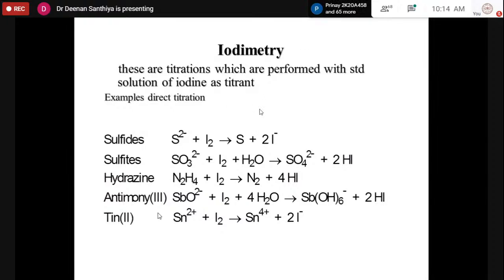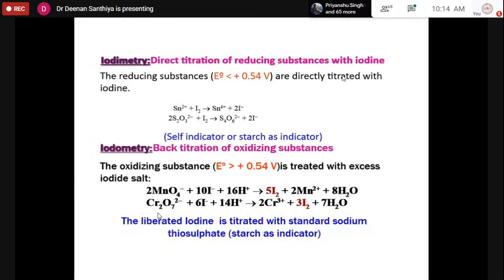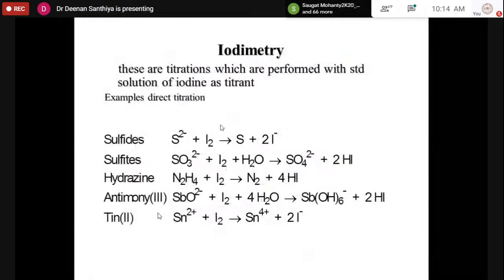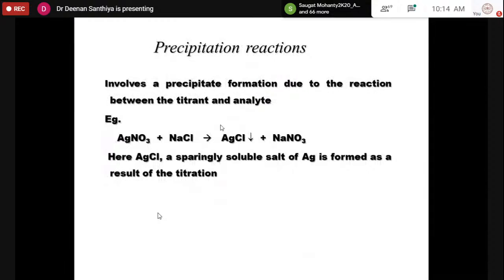These are other examples. This is a simple example you can give. Many examples have been given; please remember a simple example. That is the difference between iodimetry and iodometry.